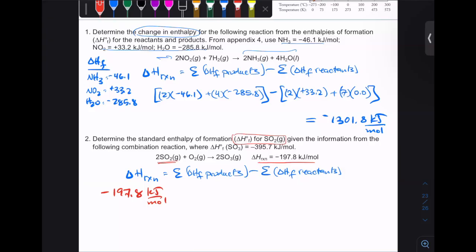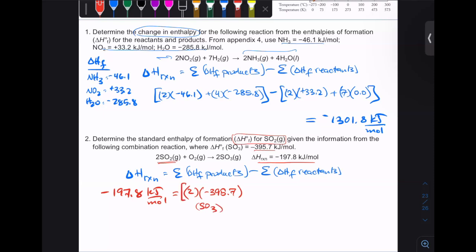So let's fill in the rest of the equation and see what we need to solve for. So this is going to be equal to the sum of the enthalpy of formations for the products, which is going to be 2 times SO3 gas. And SO3 gas, you're told right here, that's negative 395.7. Okay. So this is for SO3.